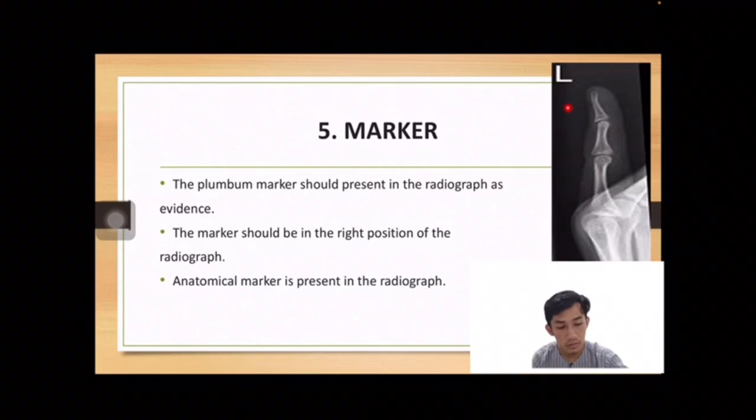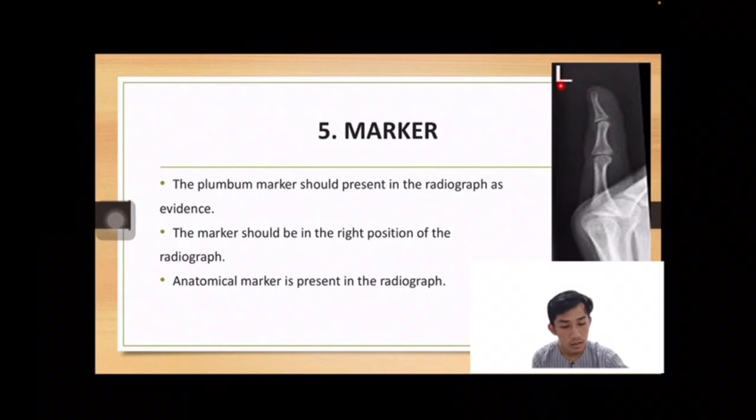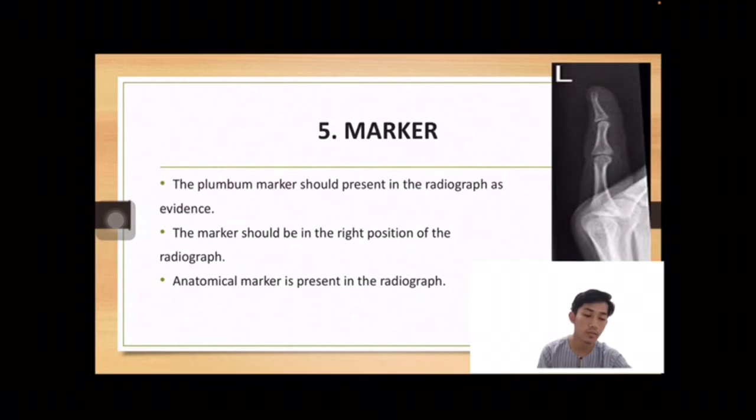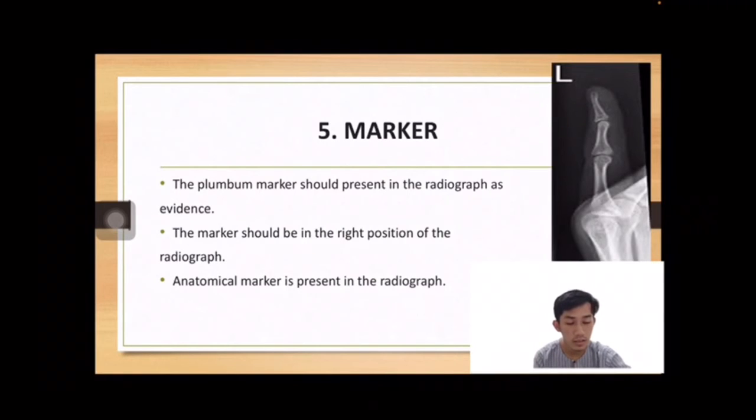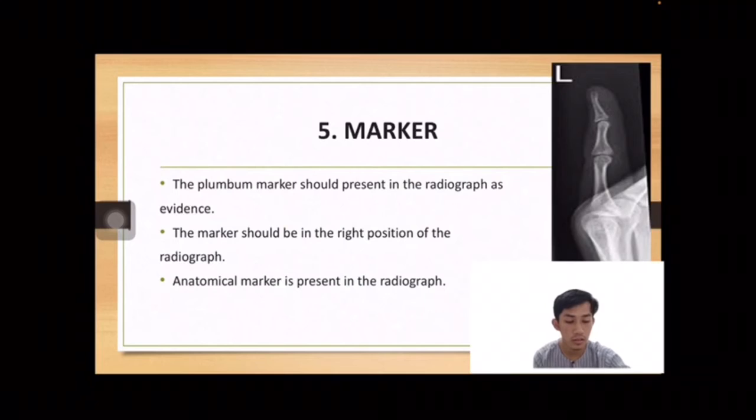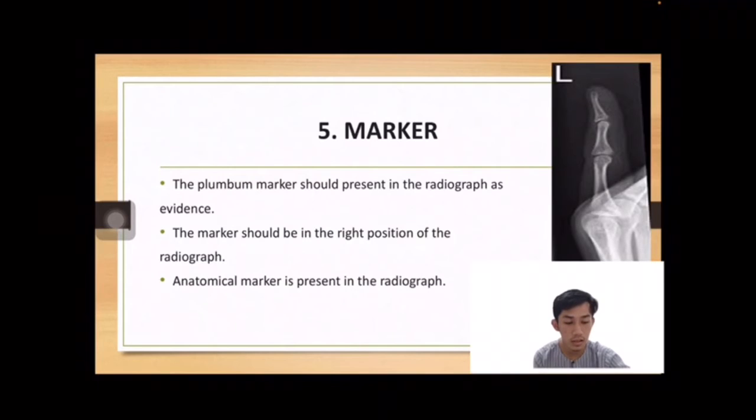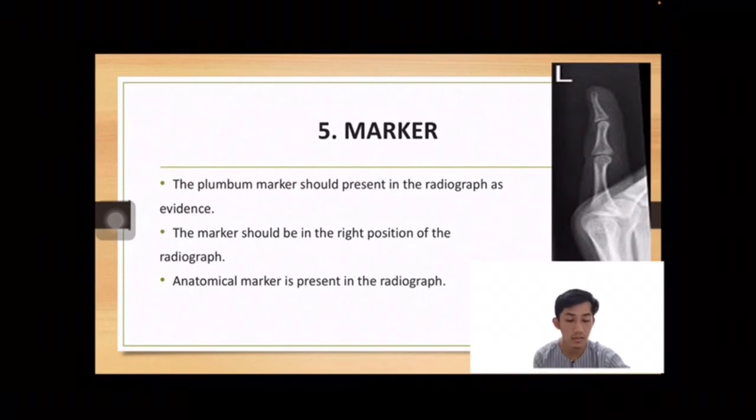You can see that the marker should be in the right position on the radiograph. This projection has a true marker at this position, because we use this for the left finger. So this radiograph has the correct marker position.